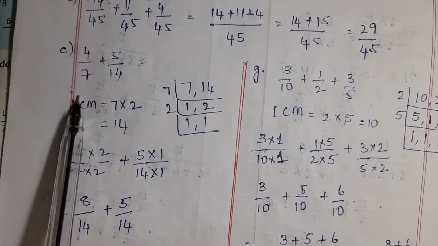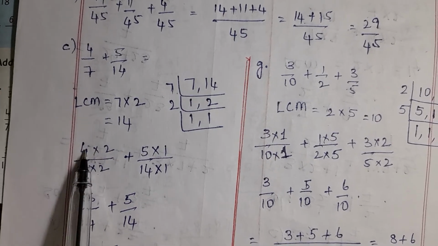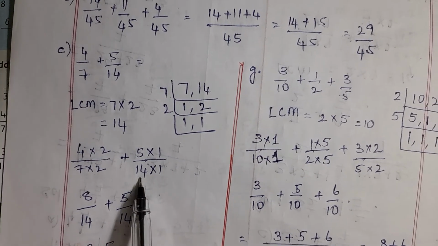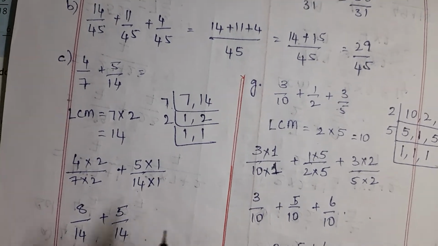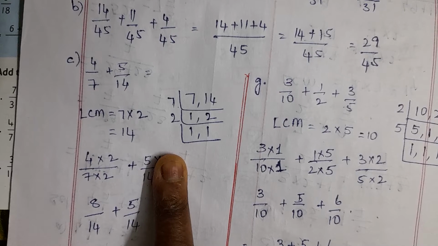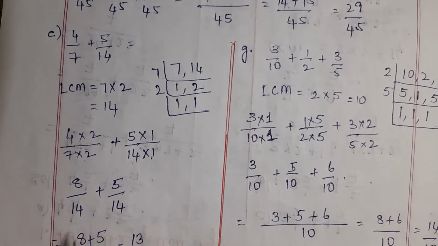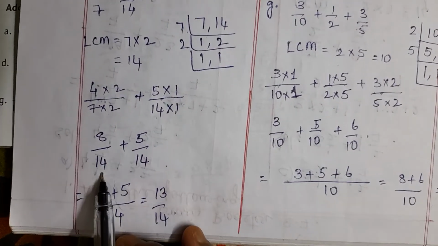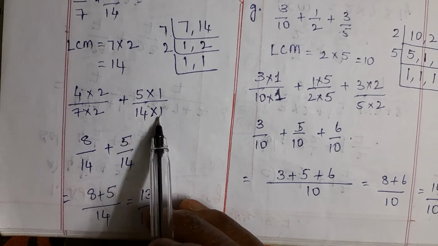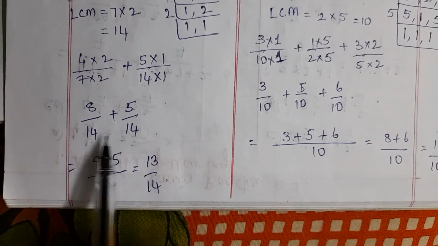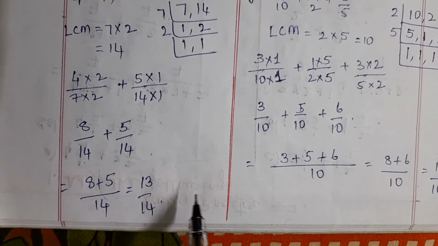So first one is 4 by 7. 7 into 2 is 14. So 4 into 2. Now 14 is already 14, so we can simply leave this or multiply with 1. So 4 twos are 8 by 14 plus 5 ones are 5 by 14 ones are 14. Now both are like fractions, so add the numerators and write the answer.